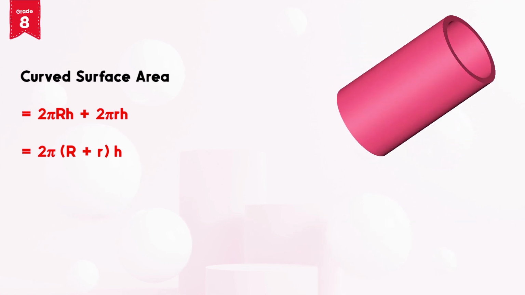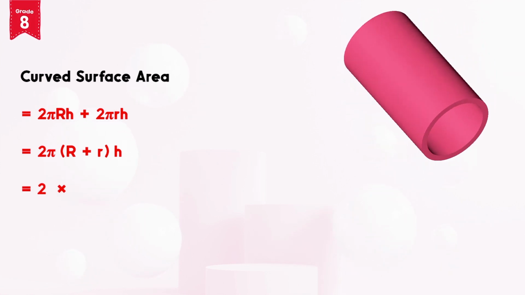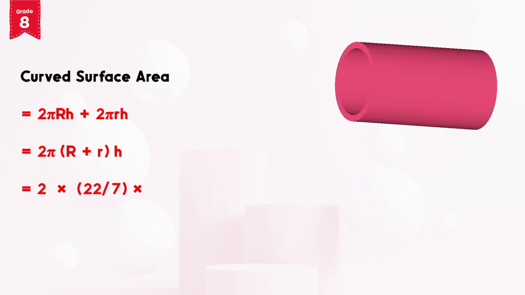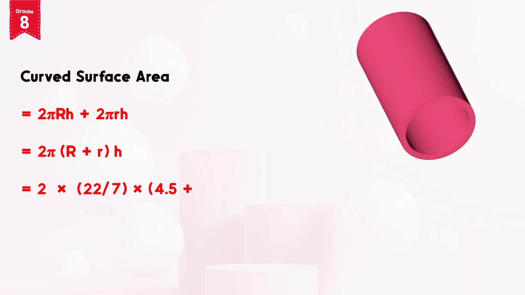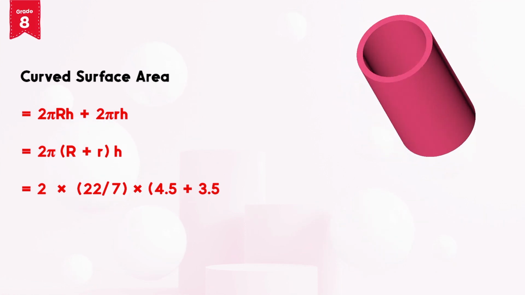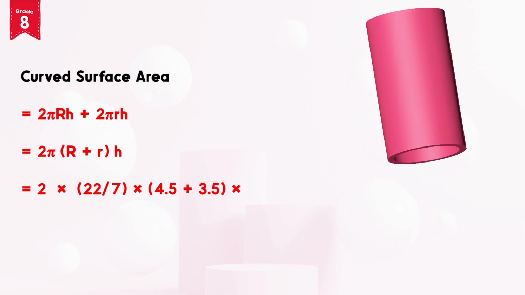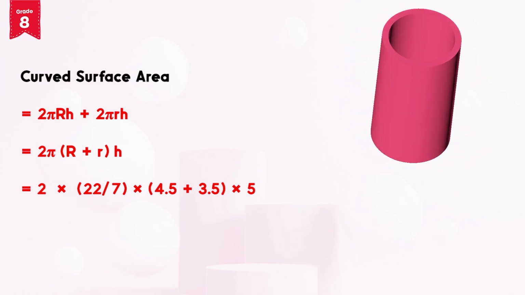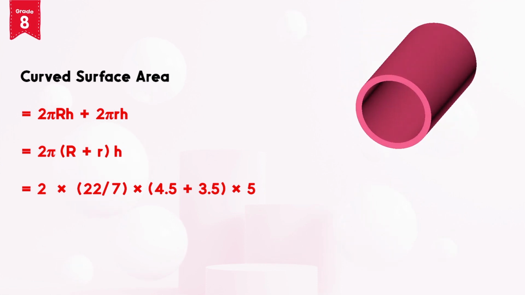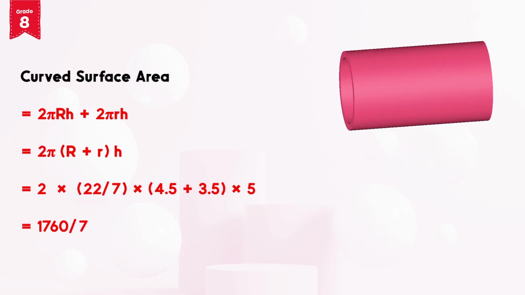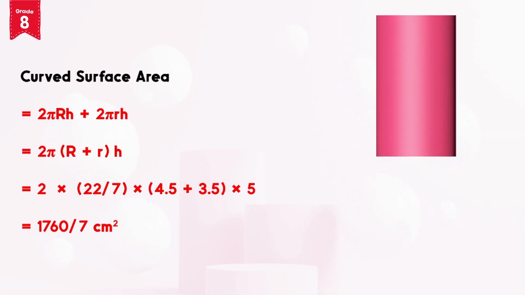So the curved surface area is equal to 2 multiplied by 22 by 7 multiplied by 4.5 plus 3.5, which are the values of capital R and small r, multiplied by 5, that is the height of the cylinder. So the curved surface area is equal to 1760 divided by 7 centimeter square.